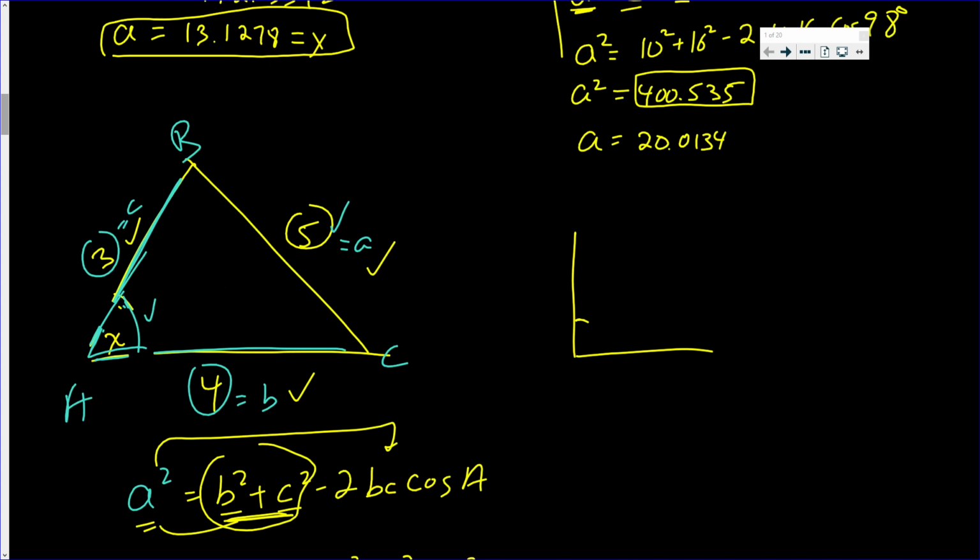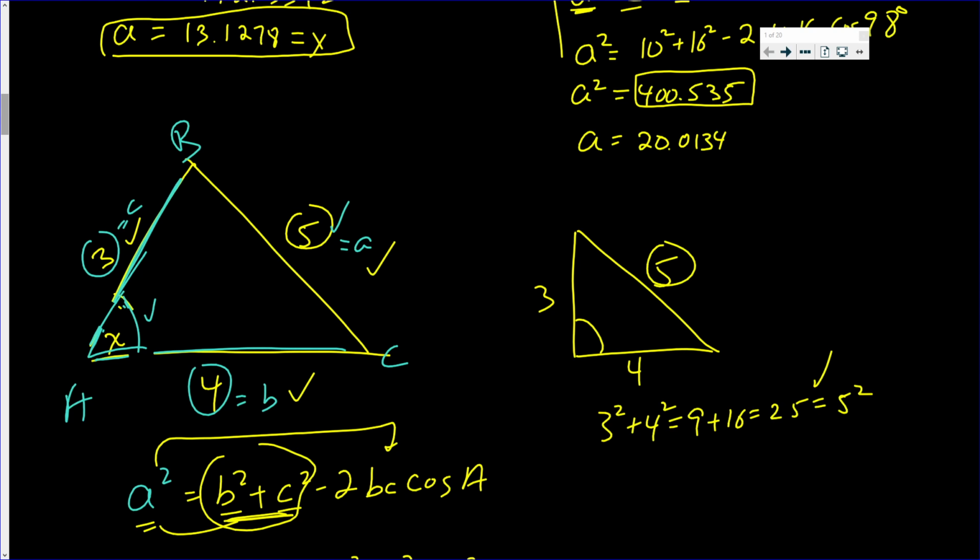So we want this angle. Well, we know that a right triangle is 3, 4, 5, where 5 is the hypotenuse. I mean, after all, 3 squared plus 4 squared, which is 9 plus 16, or 25, does equal 5 squared.